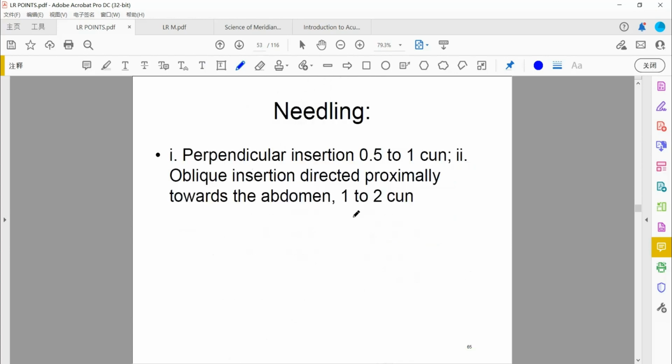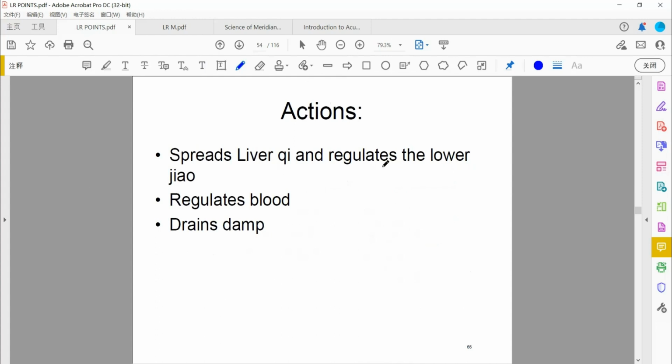Perpendicular insertion spreads liver qi and regulates the lower jiao. Still liver qi, lower jiao, regulates the blood, right? As Xi-cleft point, drains damp.